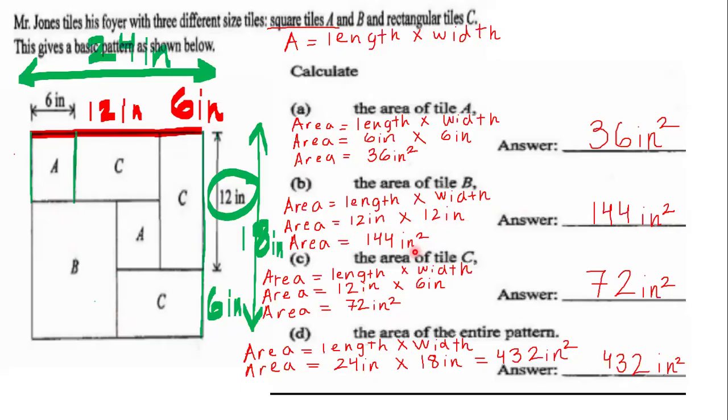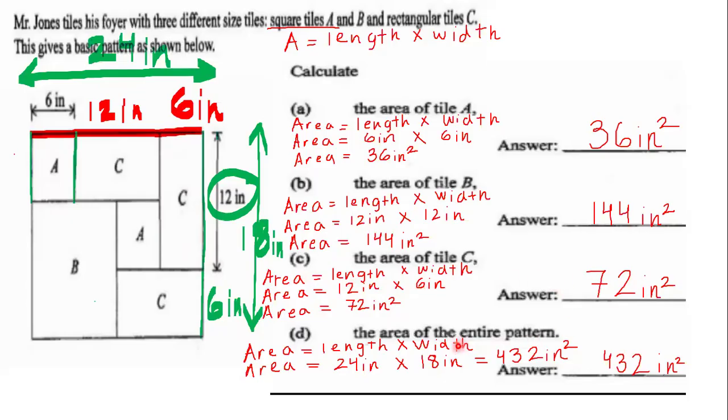Then we have the area of tile C. It is this one. We already know that this length is 12. We also know that this side up top here is 6 inches. So 12 times 6 is 72 inches squared.